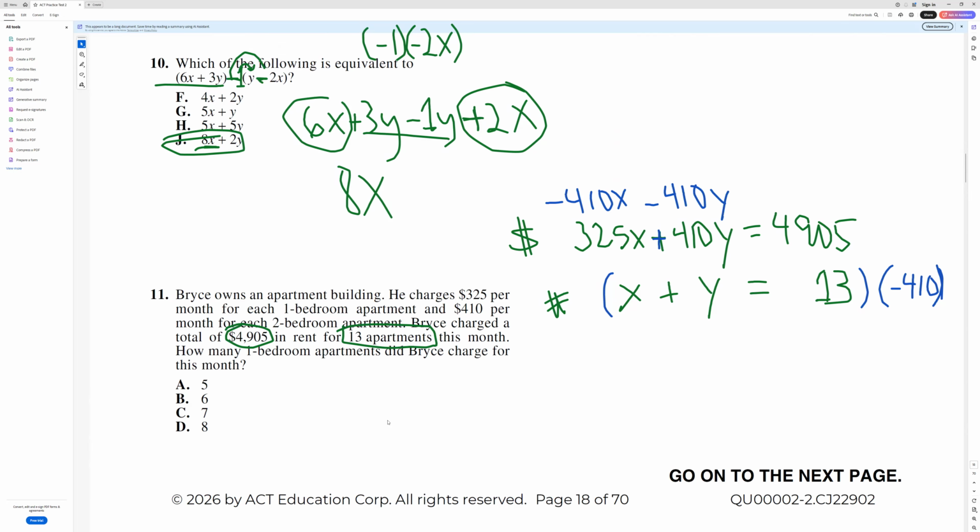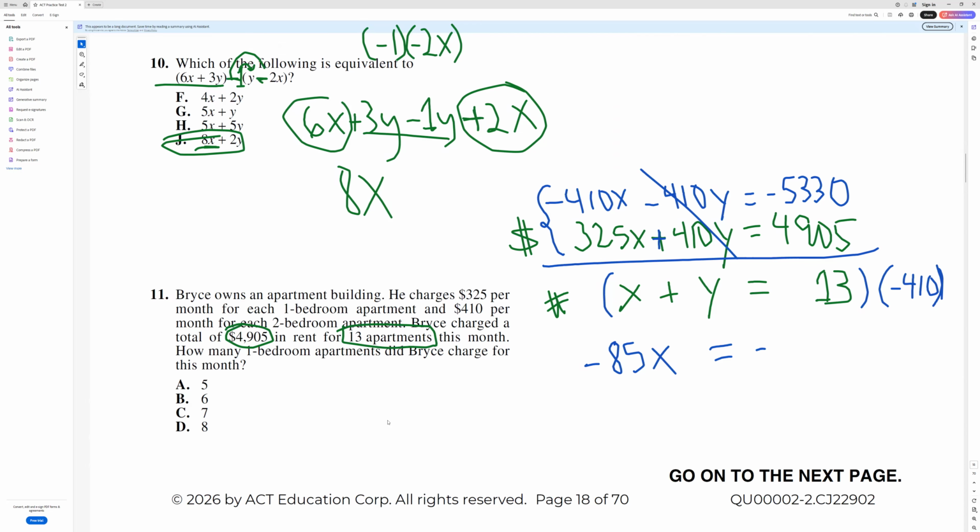I needed to cancel that. It is equal, I did the calculations, to negative 5330. So I can go ahead and combine these, and I'm going to get negative 85x. When I combine these two, subtracting and taking the sign of the bigger number, negative 85x, my y's cancel, is equal to negative 425.